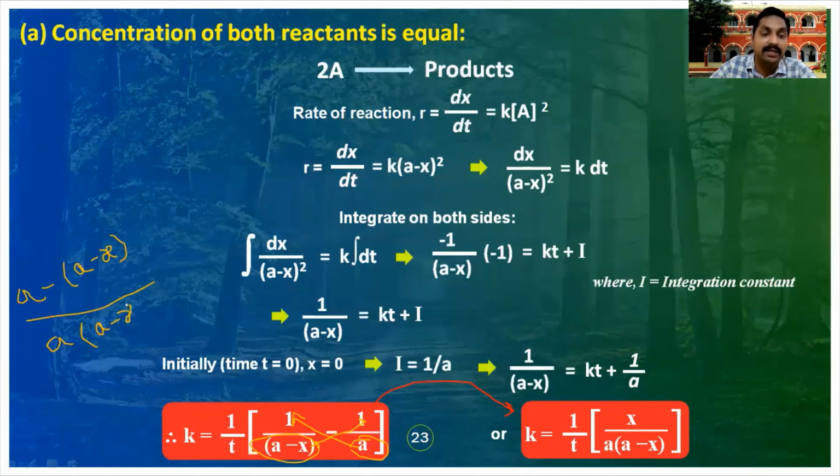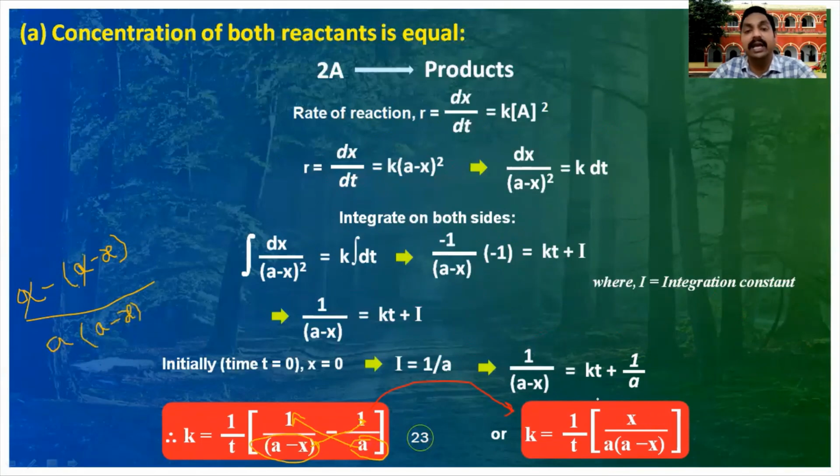LCM क्या है? a into a minus x है. तो ये और ये कैंसिल होगा, और माइनस इंटू माइनस x का वैल्यू प्लस होगा. Thus we have got k is equal to 1 by t into x by a into a minus x.